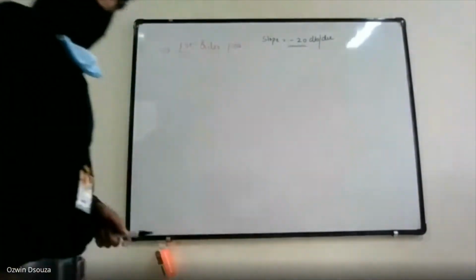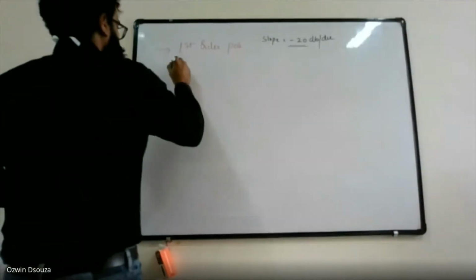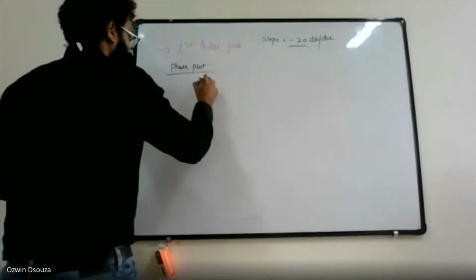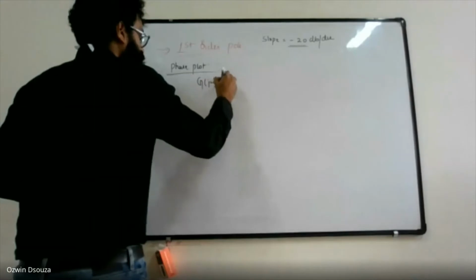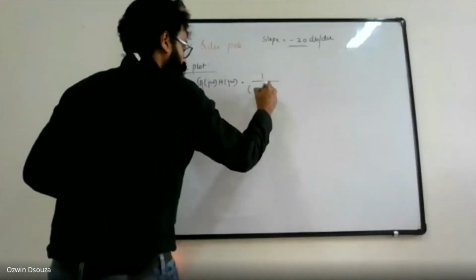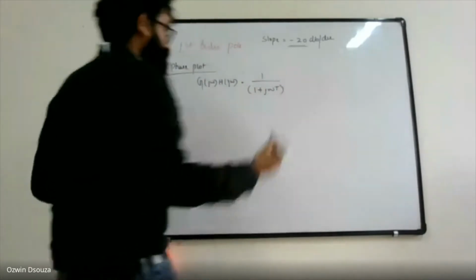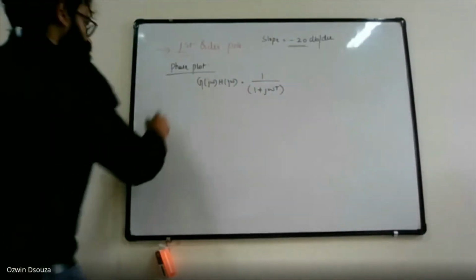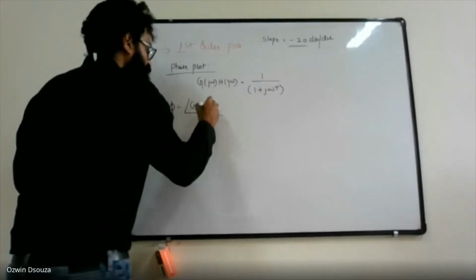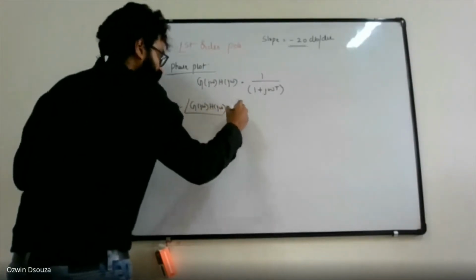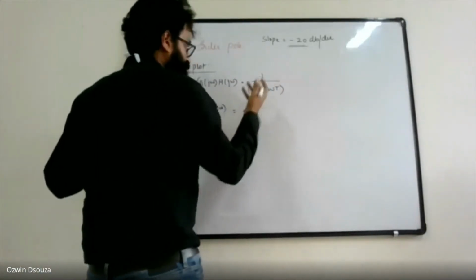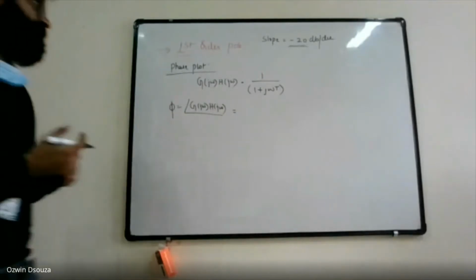Okay. Let us consider the phase plot. Quickly let me write G of j omega into H of j omega. That is 1 divided by 1 plus j omega t. So the angle phi, the angle of G of j omega into H of j omega, is equal to, okay, the numerator angle, so tan inverse of 0 by 1, so that's actually 0.